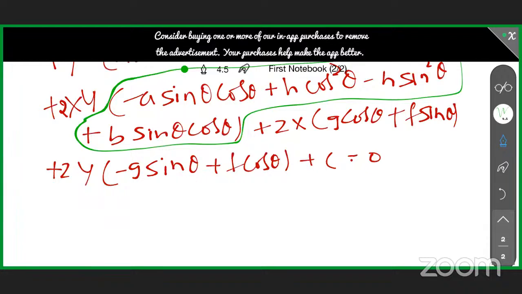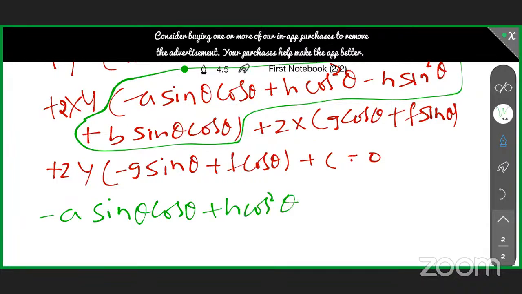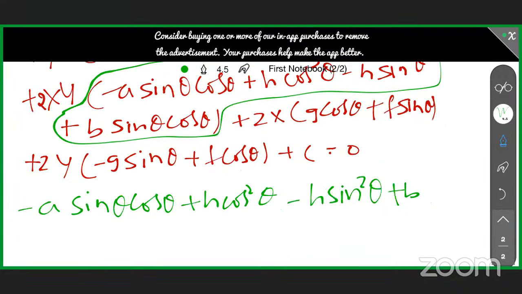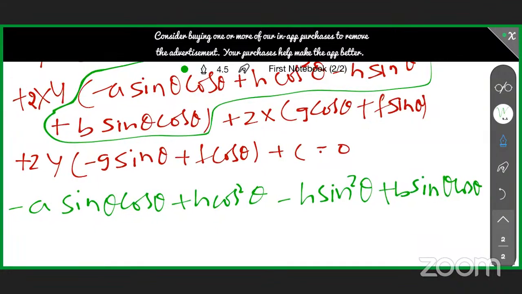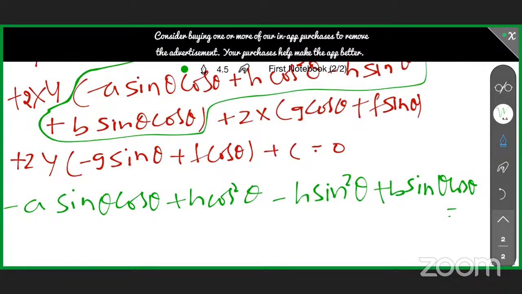That is minus a sin theta cos theta plus h cos square theta minus h sin square theta plus b sin theta cos theta should be equal to 0.